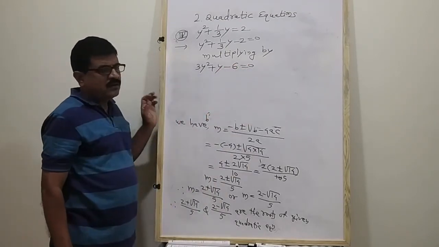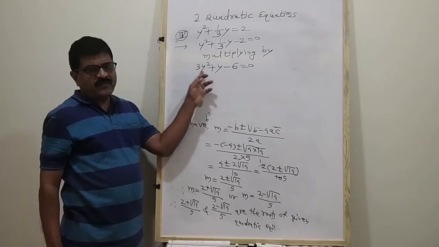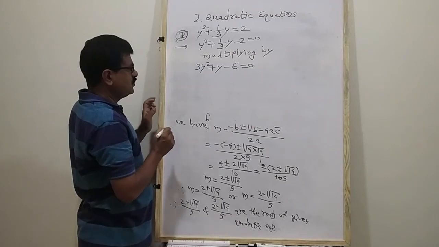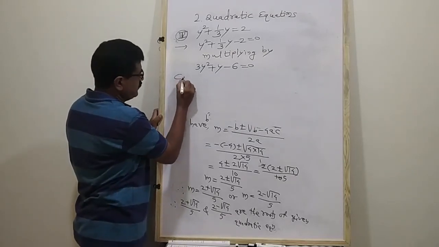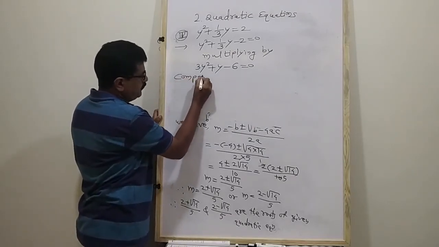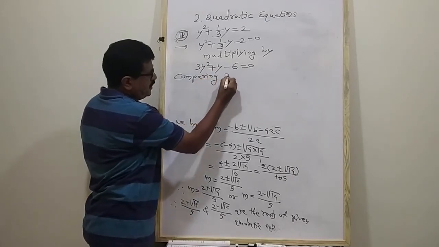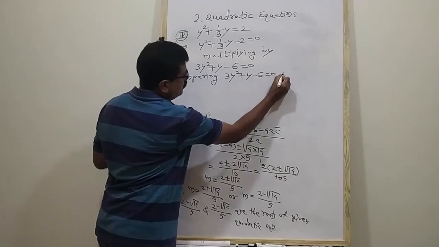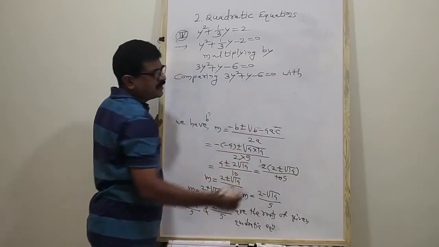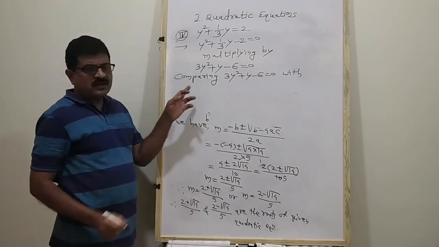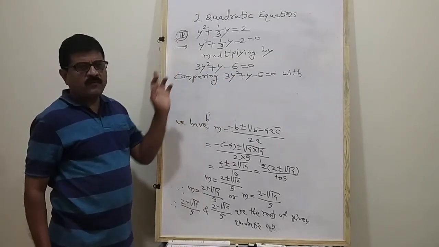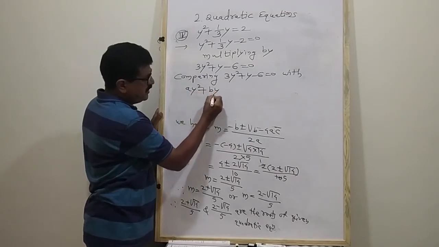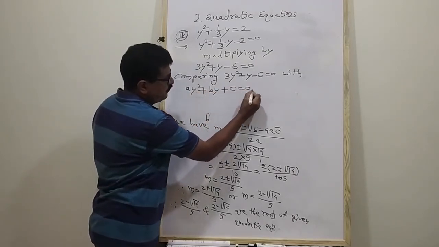Now multiplying by 3, 3y square, here 3 get cancelled, plus y minus 3 into 2, 6, is equal to 0. Now compare this equation with general equation. Now comparing 3y square plus y minus 6 is equal to 0 with general equation in the form of y, that is ay square plus by plus c is equal to 0.